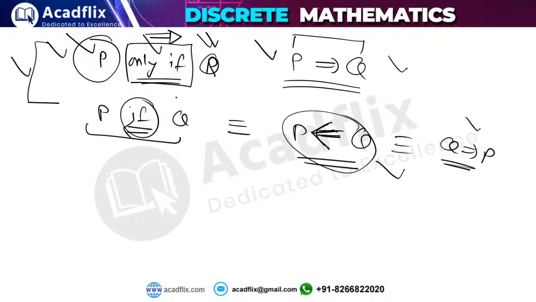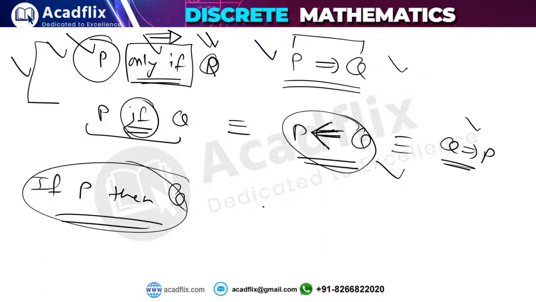This trick of going forward, going backward, will work when this only if is in the middle. In other cases, for example in this case, our trick will not work. So what should I do? First I should convert this into our setting. So how can I convert it?